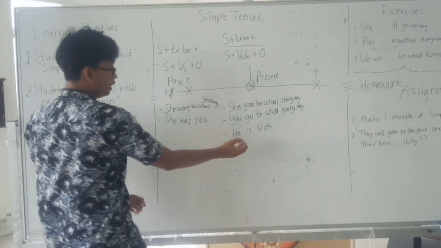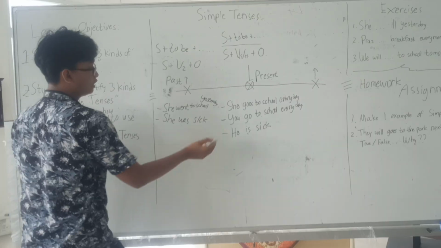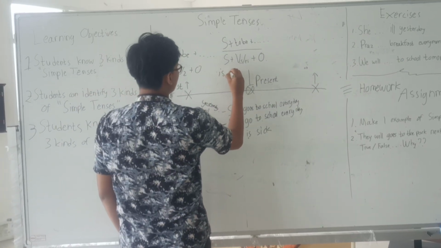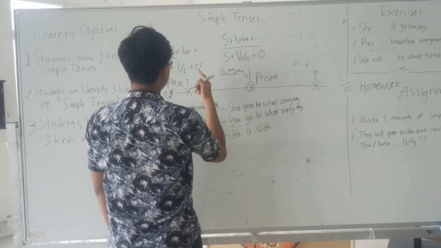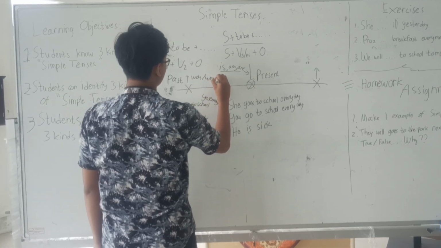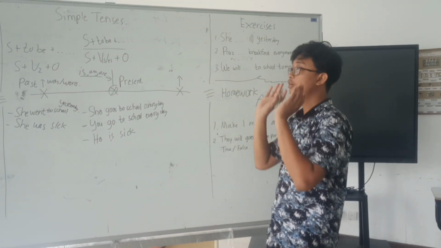Notice something different. The present is using is, and the past is using was, because in the present there are three groups: is, am, and are. But in the past we are using was and were. Okay, understand?